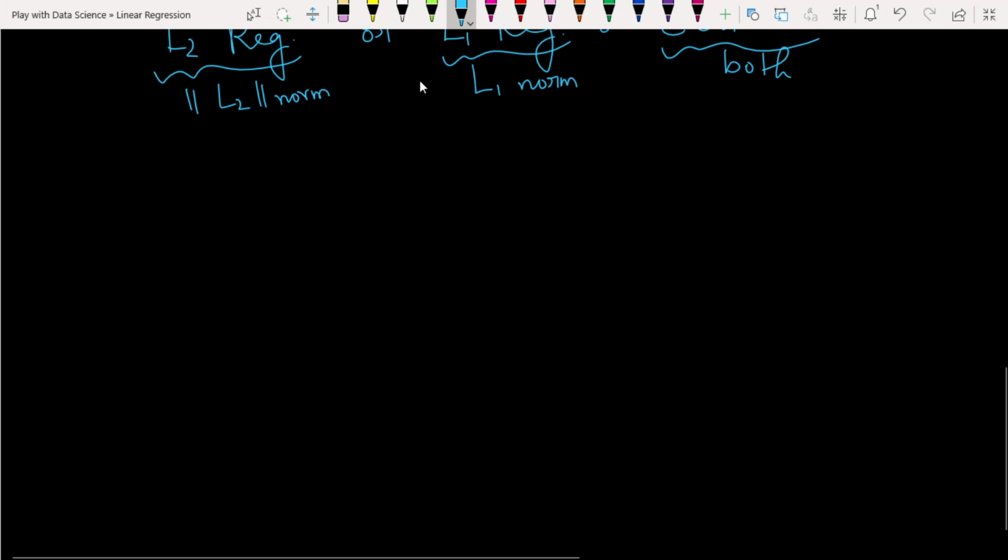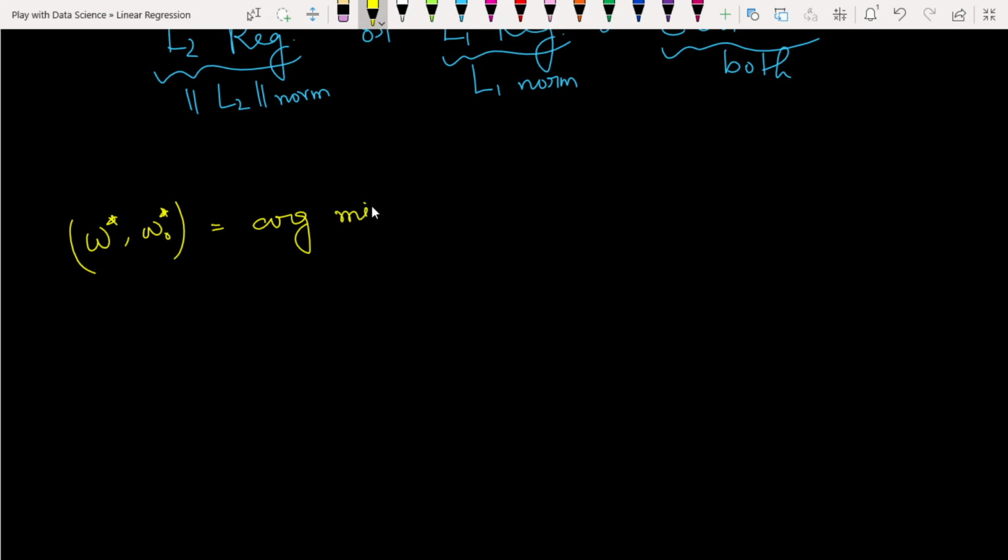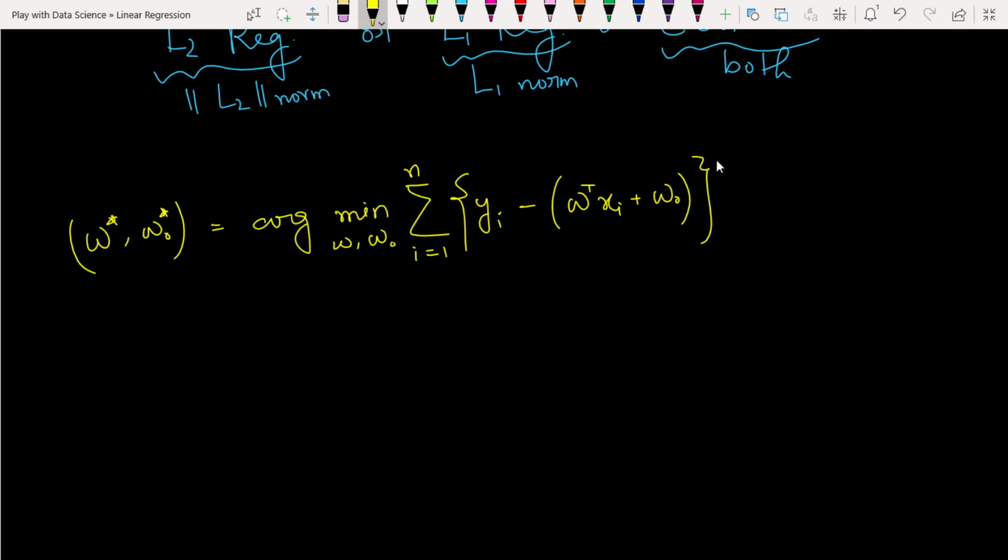Now let's write down the equations. We have to find the optimal W star as well as the optimal W naught, argmin over W and W naught of the summation i equals 1 to n, n being the number of data points, of yi minus (W transpose xi plus W naught), whole squared.